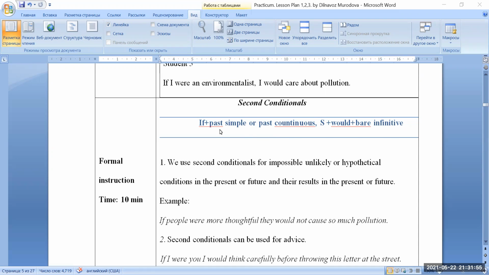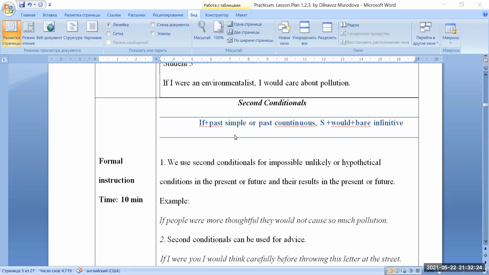In this structure you can see past simple and past continuous after if, but the meaning is not past, the meaning is present. In the second part also, you can see would after the subject, which is the past of will, but the meaning is present. It means that for unreal cases, for our imagination, we can use past to mean present.